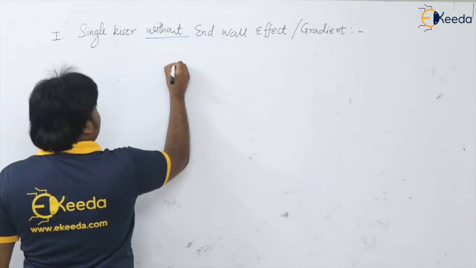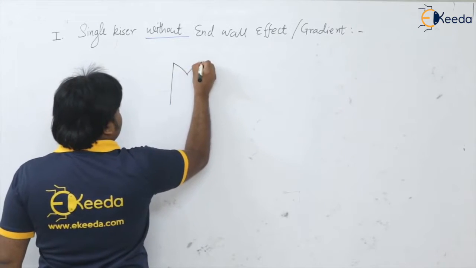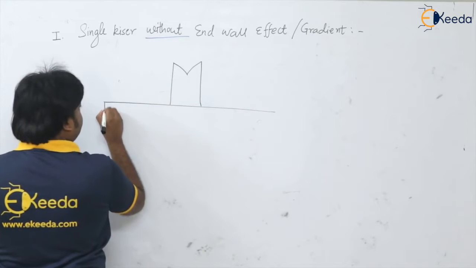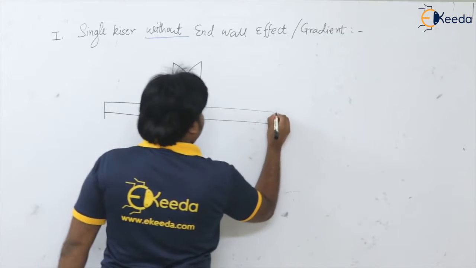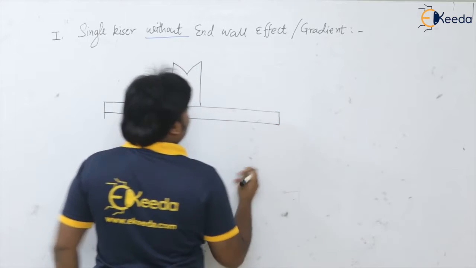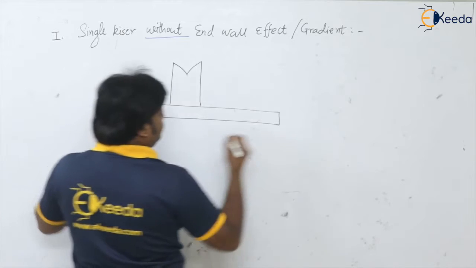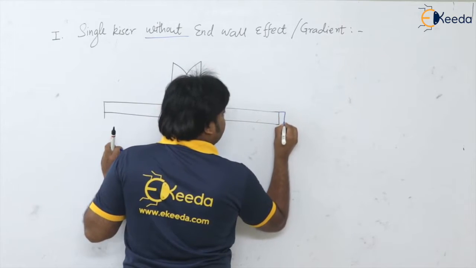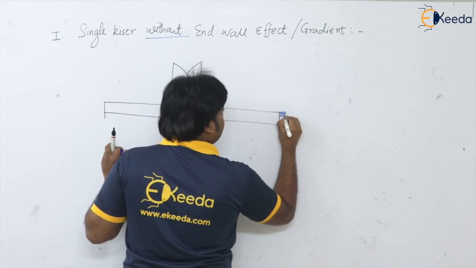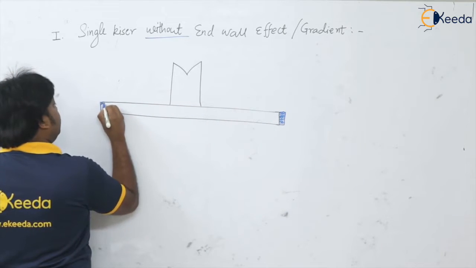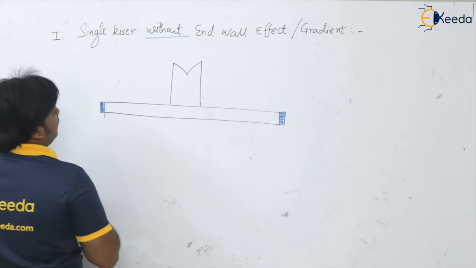Okay, I will show you the diagram here. This is our single riser. So the heat is not allowed to transfer from the ends. Say you have the insulation here. You have insulated these ends so that the heat won't get transferred.